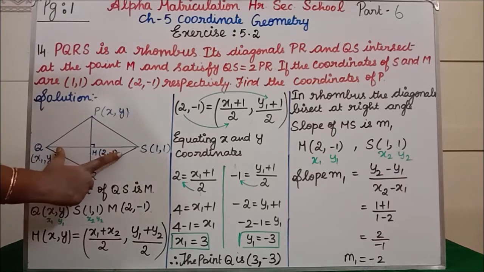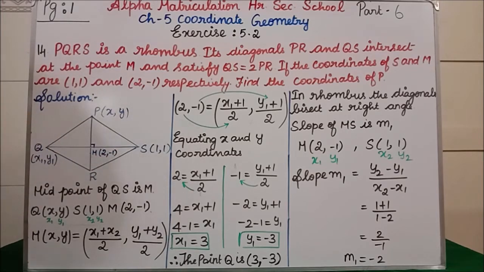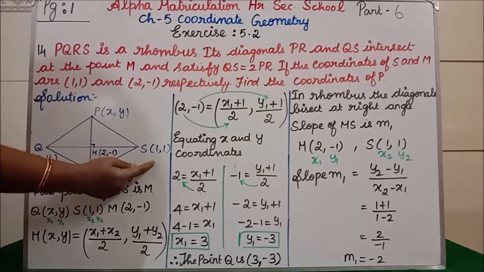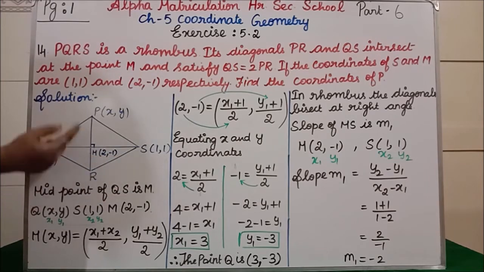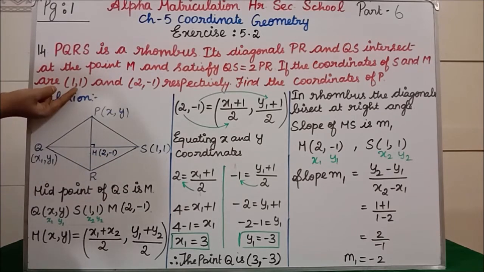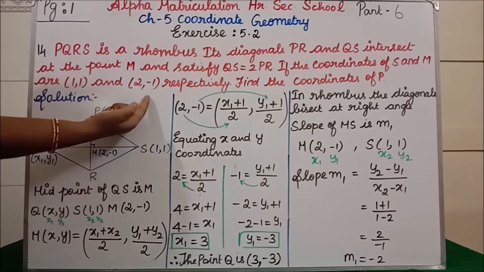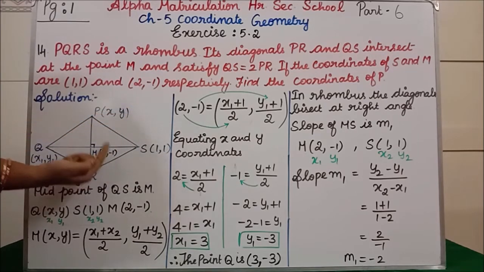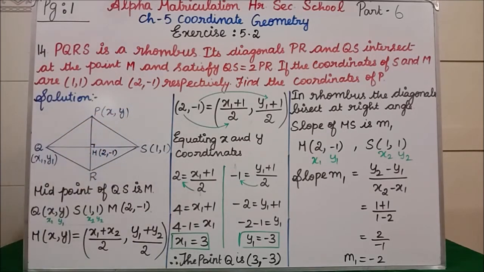This full length is equal to 2 times PR, they have given. If the coordinates of S and M are, so S value you have to take as 1, 1 and M value you have to take as 2, -1 respectively.